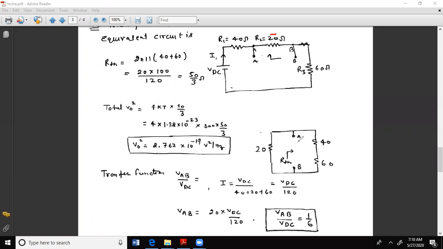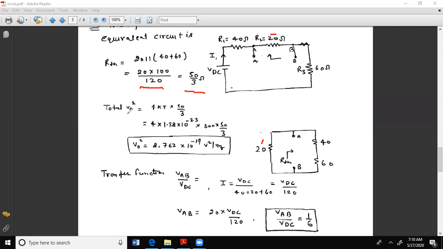So the total resistance between terminals A and B is 20 ohm parallel with 40 plus 60. So the total resistance is 50 by 3 ohm.